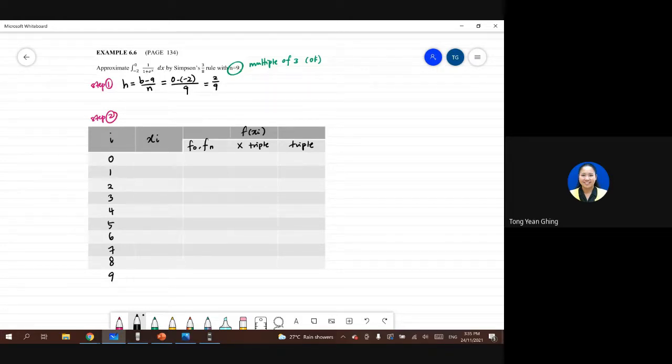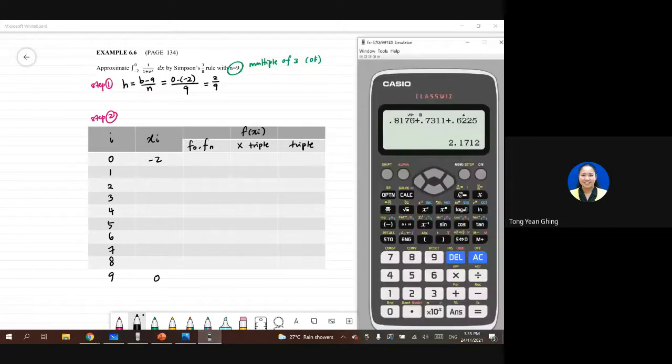Okay. Now, kita nak daripada negative 2. So, last kali 0. So, I will use calculator again. So, calculator, choose mode and then 9. This one. So, you have to key in the formula. This one. 1 over 1 plus shift ln ini alpha x.